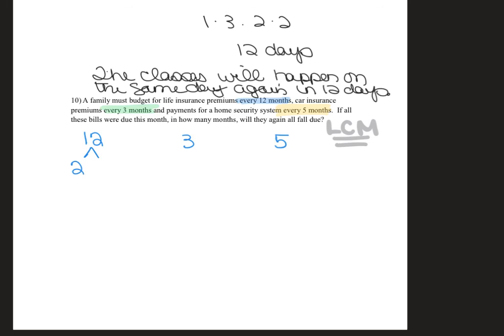So 12, we have 2 and 6, circle the 2. 2 and 3, circle the 2 and the 3. 3, we have 1 and 3. 5, we have 1 and 5.